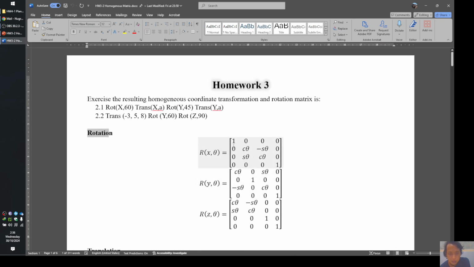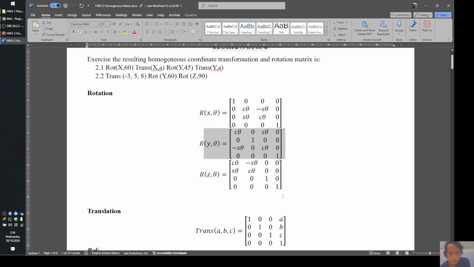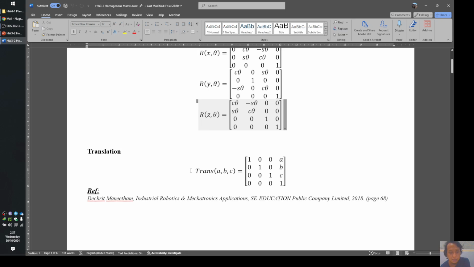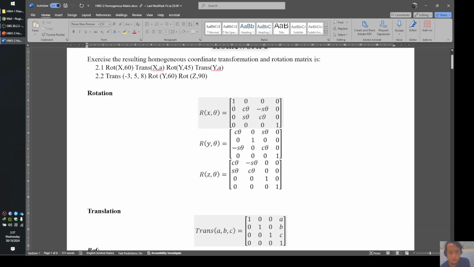This is the template for rotation about the x-axis, this is the template for rotation about the y-axis, and this is the template for rotation about the z-axis. For the translation, we use these templates. This is the identity matrix with the translation P1, P2, P3, and this is for the rotation matrix, as I mentioned in the presentation.